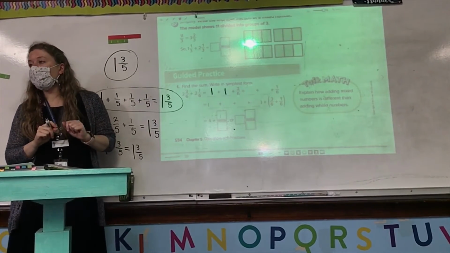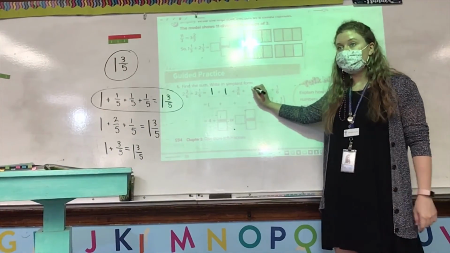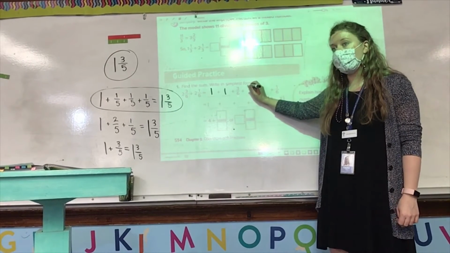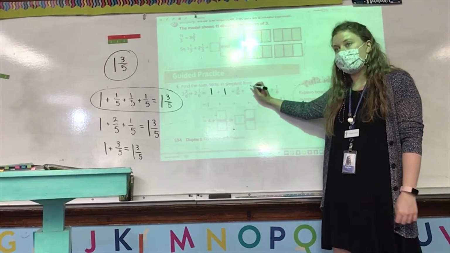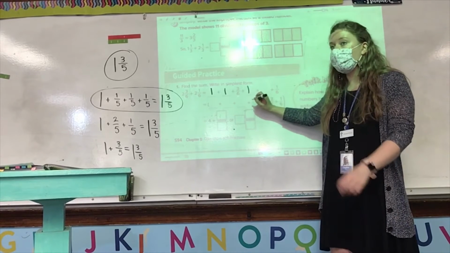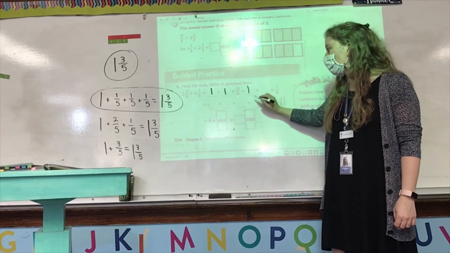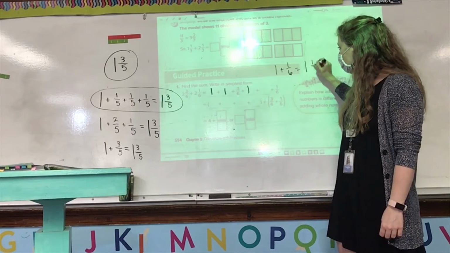Mason, 2 and 1/6 is equivalent to what? You're filling in the blanks here. The same way we broke down 2 and 3/6. I can't hear you. 1 plus 1/6 equals 1 and 1/6.